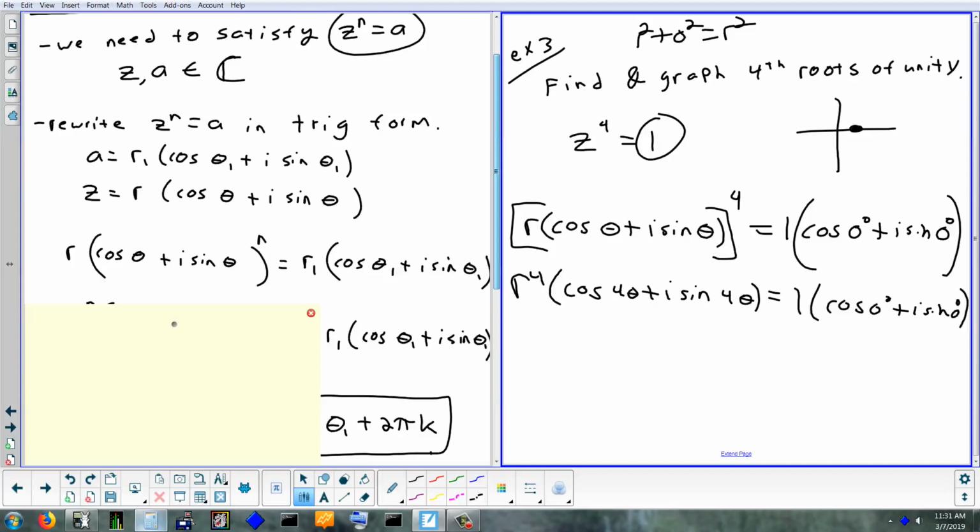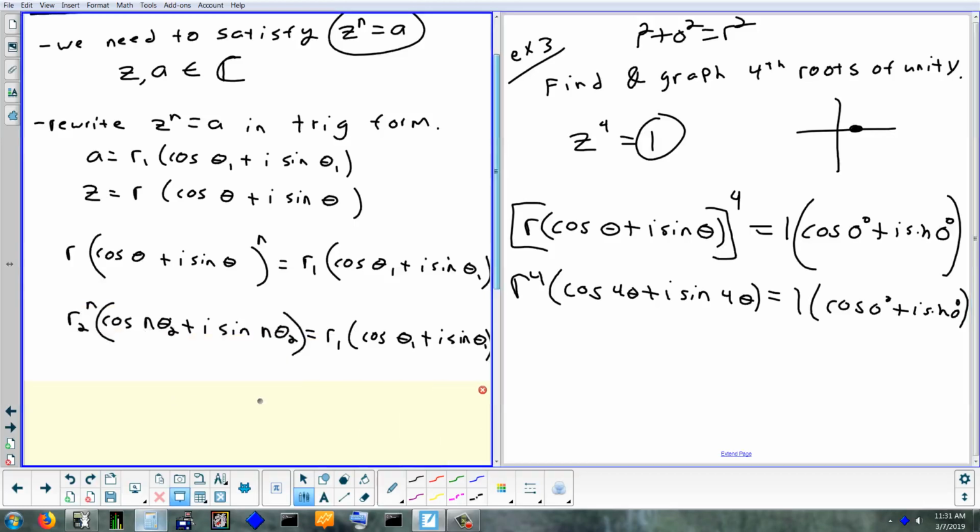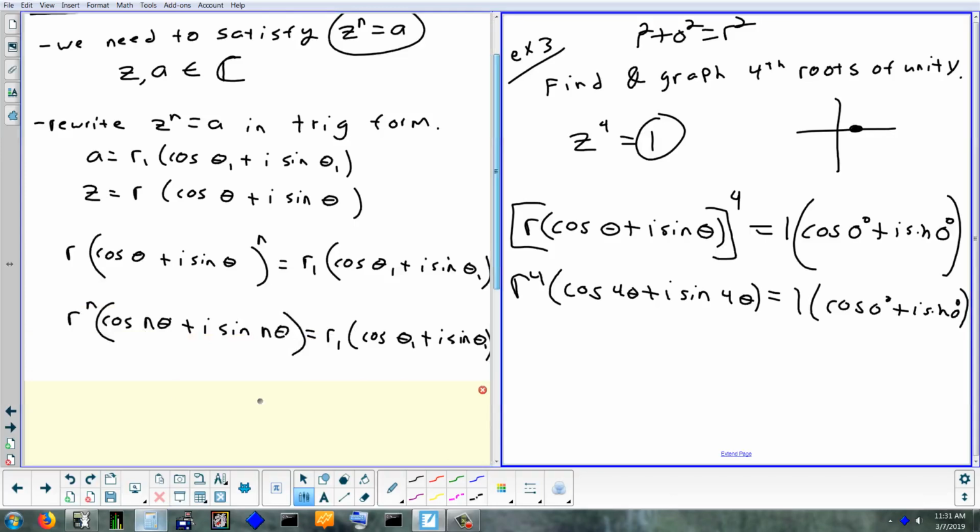I don't even write that first step, but you can. If you look at what you have generically, you're always going to have something like this: r to a power, in our case 4, and the power times your angle. In our case it's 4 again, power times your angle.